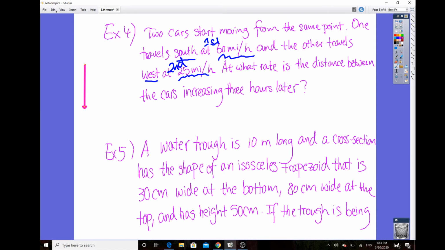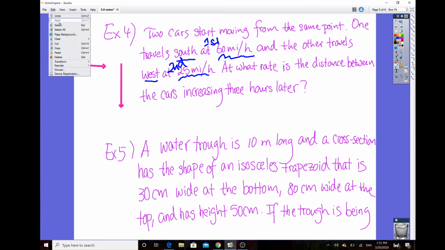I need more space, so let me start it over with this one. So first car going south, and the other car is going west. Okay, let's use the other direction. Okay, like that.